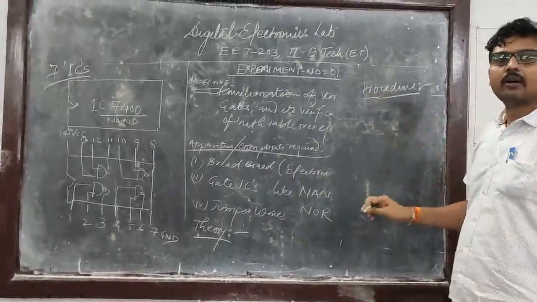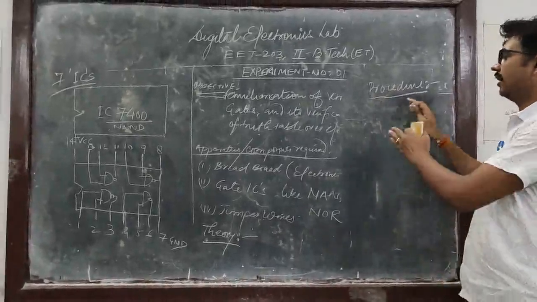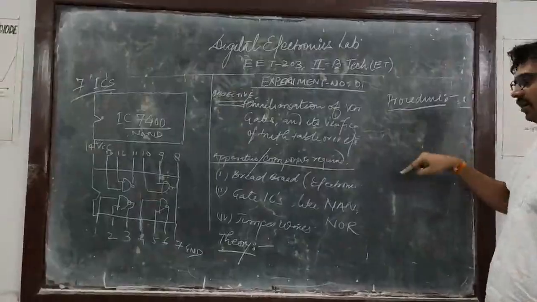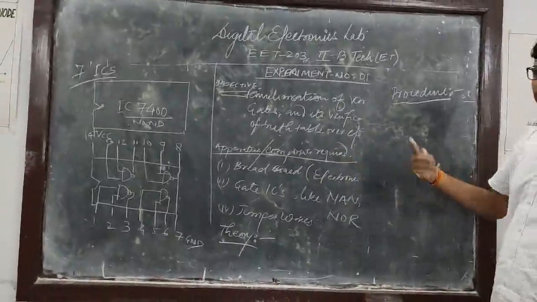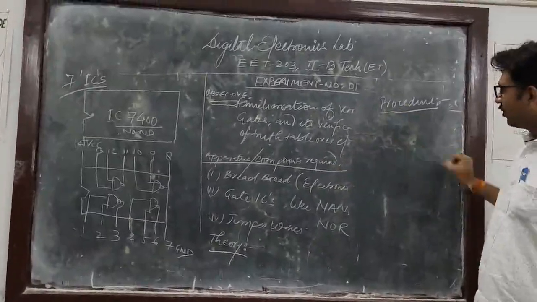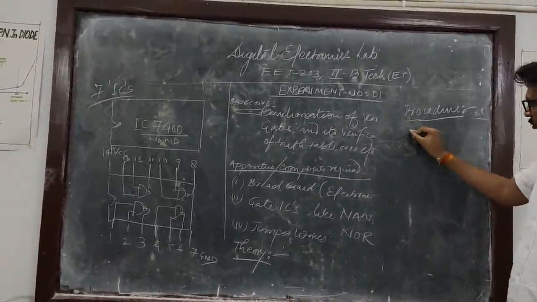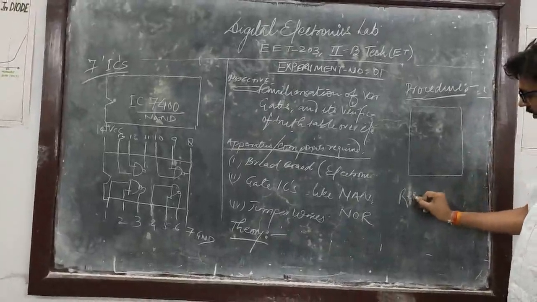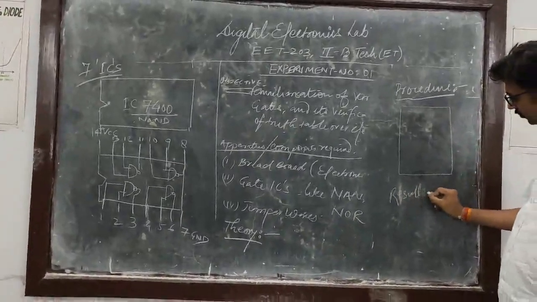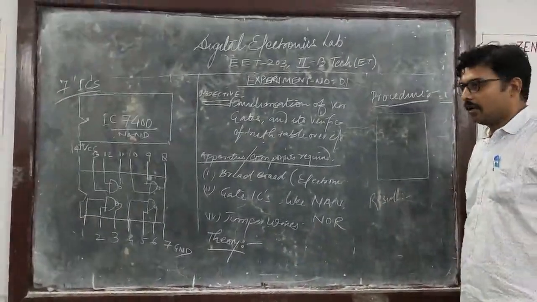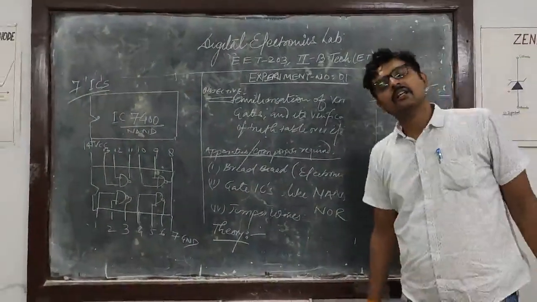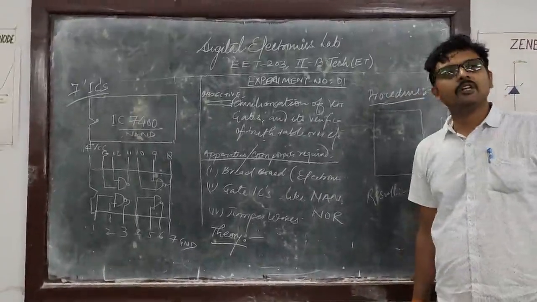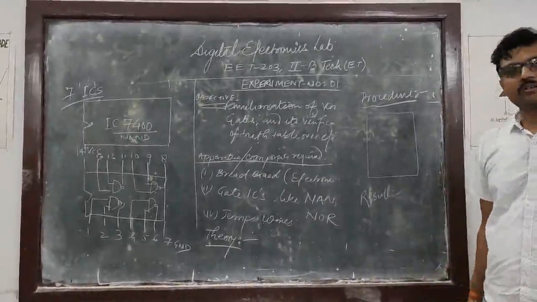Here you will write how you first connected the concerned IC over the breadboard, then made the connections, then verified, and finally whatever you have done. Then the final result: the truth table is verified. You have to mention that the truth table has been verified successfully and checked by the concerned examiner or teacher.